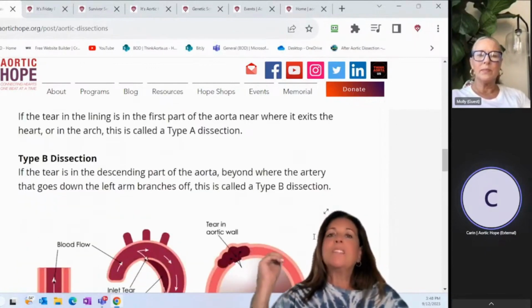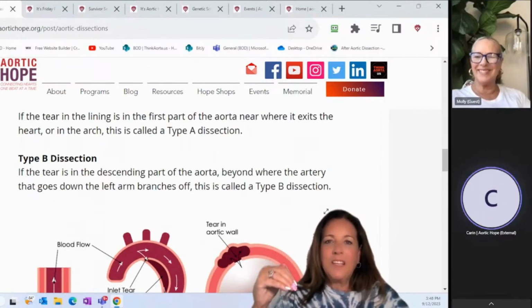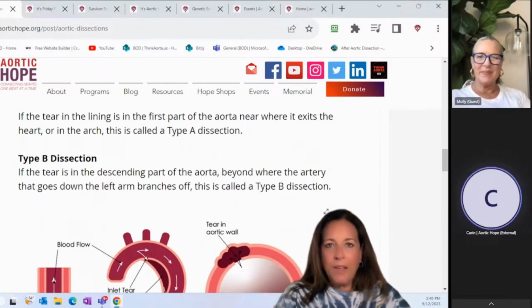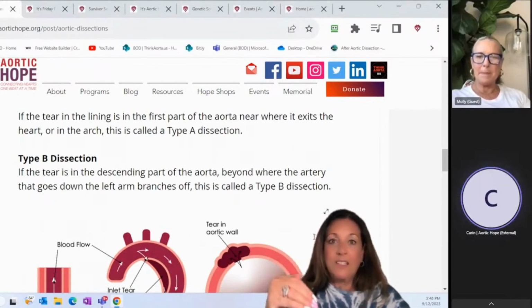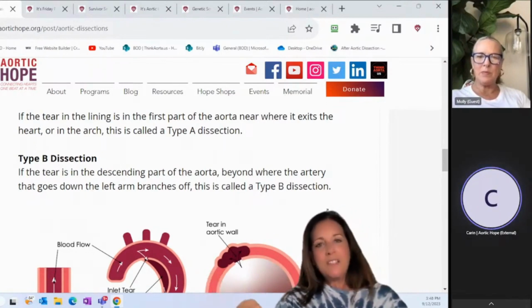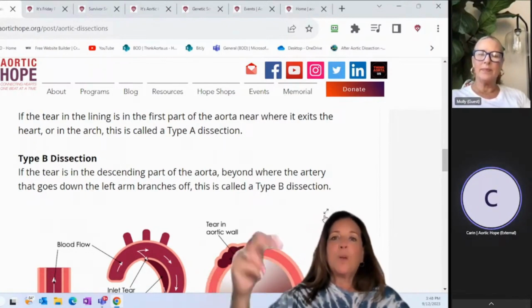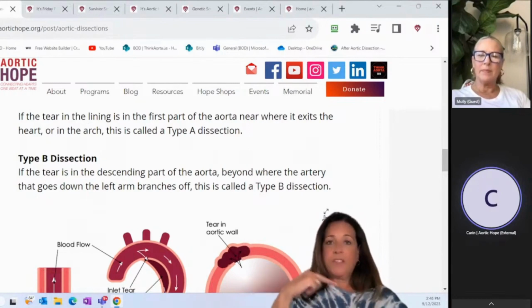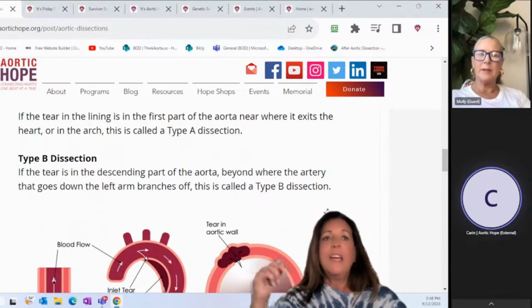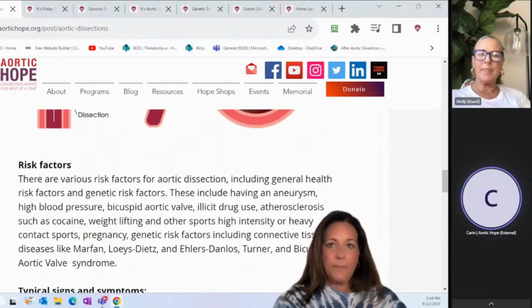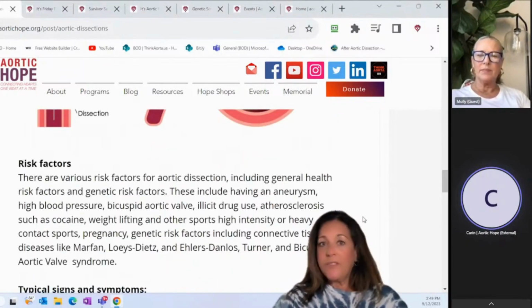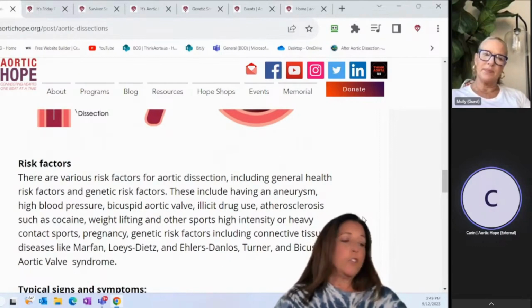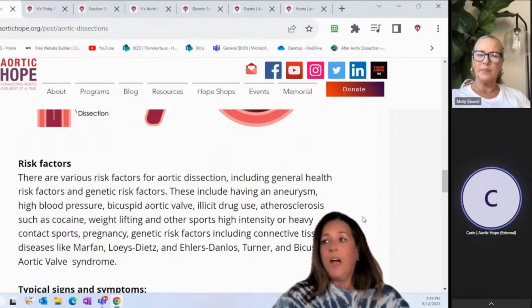If it's descending instead of ascending, it would be the letter B, ascending, descending, B. So if it's in the descending part of the aorta, beyond where the artery that goes down the left arm branches off, which we saw, that left subclavian, we saw those three different branches, that would be called a type B dissection.